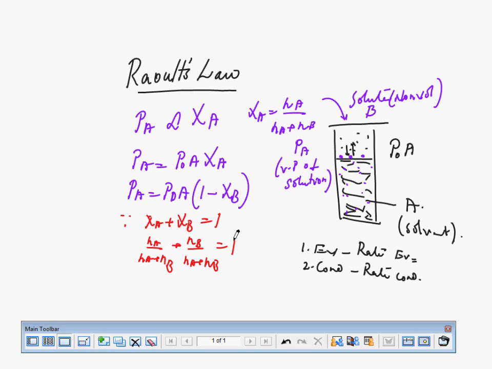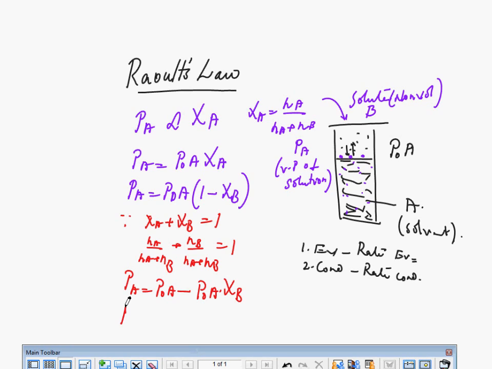So can we write this as P of A is equal to P0A minus P0A into XB, which can be written further as P0A XB is equal to P0A minus P of A. You know what P0A is? P0A is vapor pressure of pure solvent.